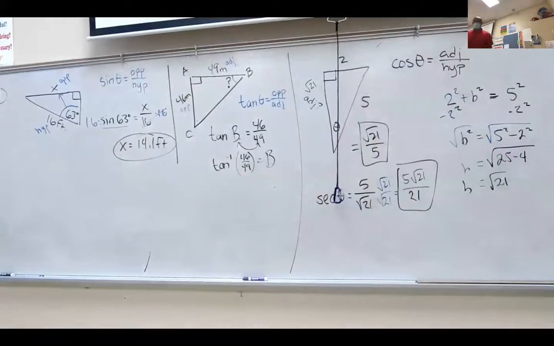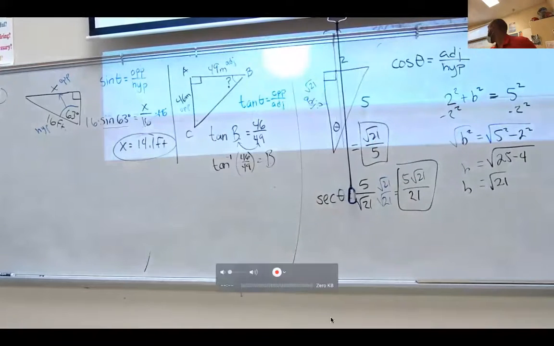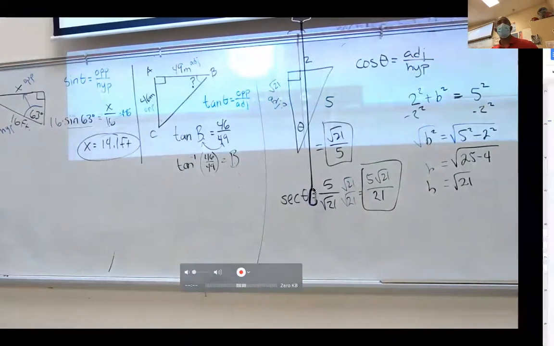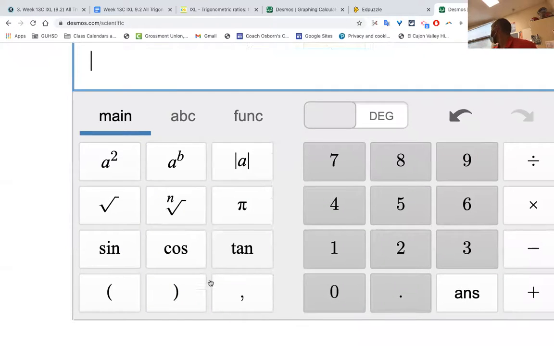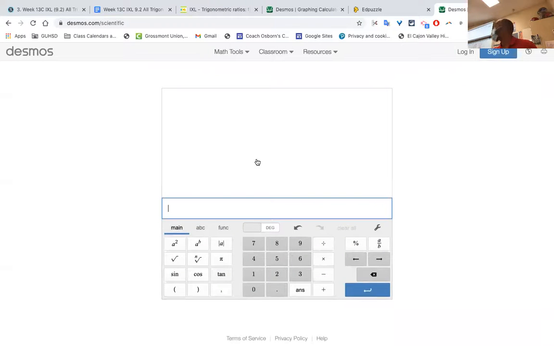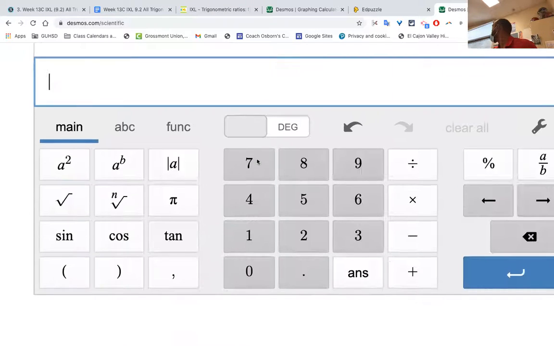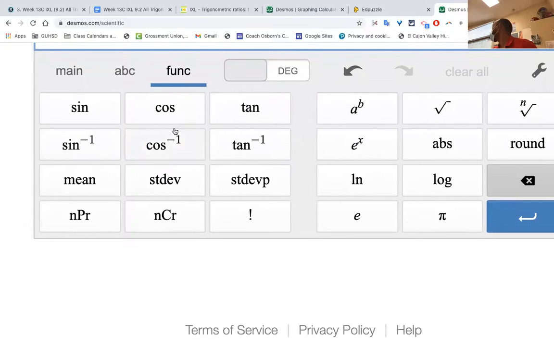See if I can pull it up. So that's all extra blurry. When you guys are on here, on the scientific calculator, you'll see right away sine, cosine, tangent. In order to get the inverse, click on function, and then it'll pop up right there.